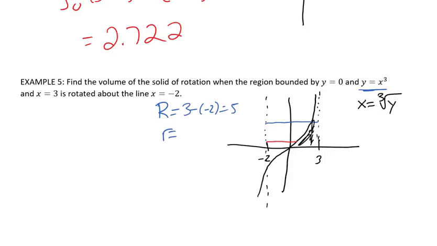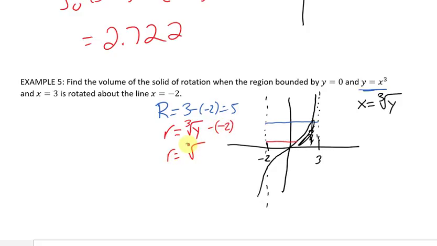So this red distance is little r. It's the cube root of y minus negative 2, which is just the cube root of y plus 2, that extra distance.